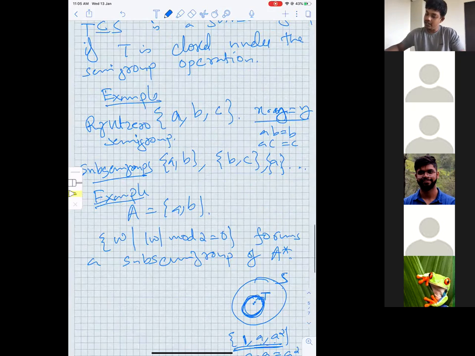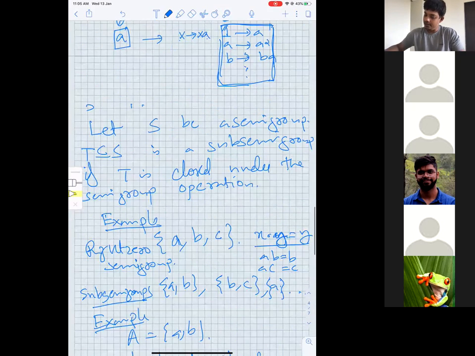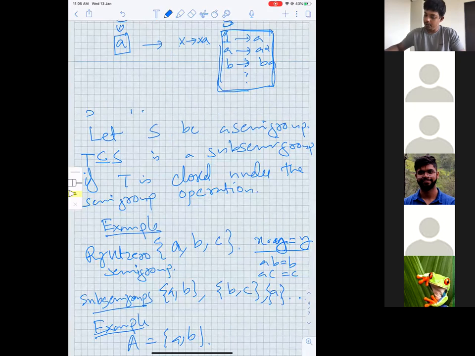So you understand what a subsemigroup of a semigroup S is.